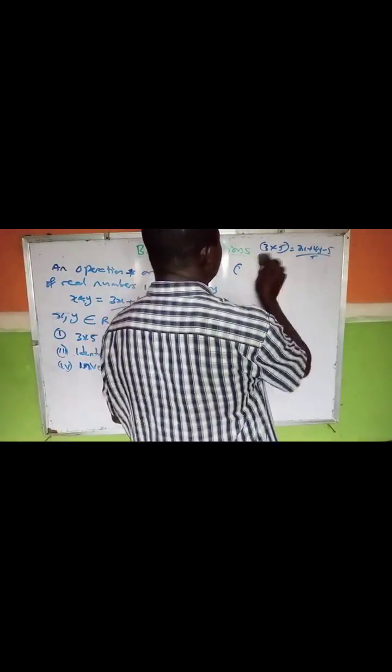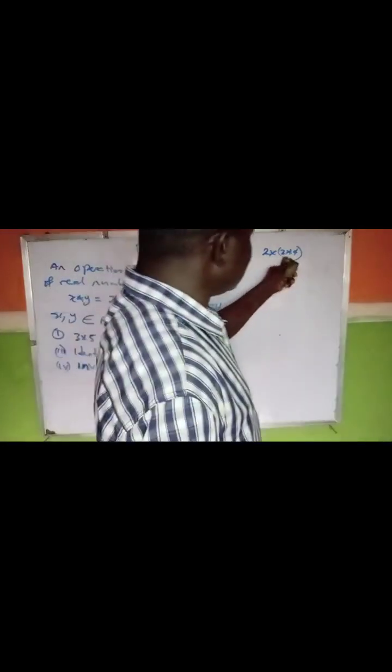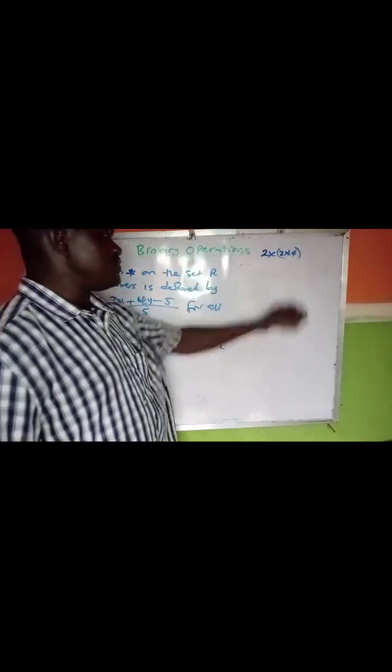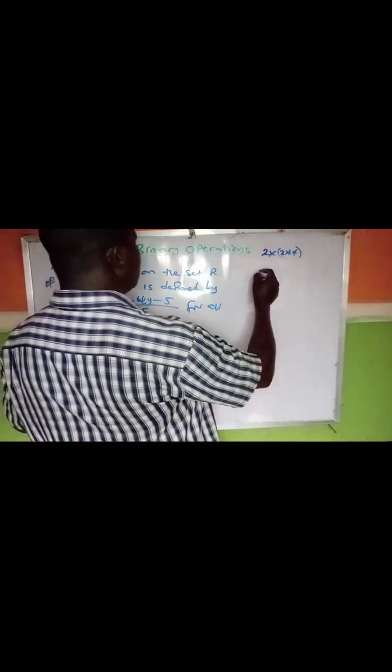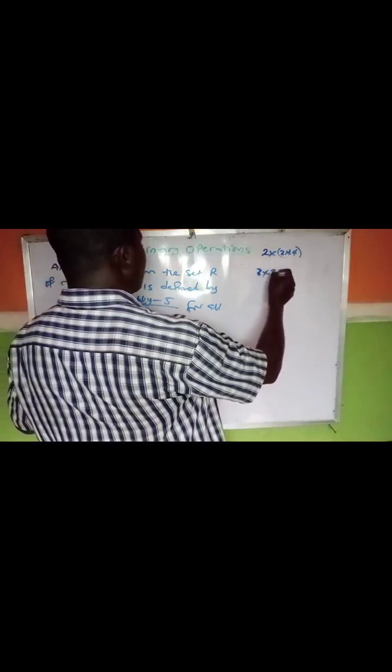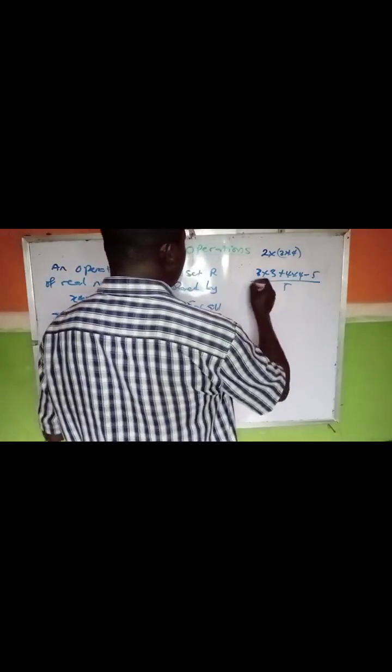Again, for number 2, you have to do this one. Here you have 2 asterisk (3 asterisk 4). So again, what you are going to do first is the one that is inside, the one in brackets. For this one, you will have 3 times 3 plus 4 times 4, minus 5, over 5.